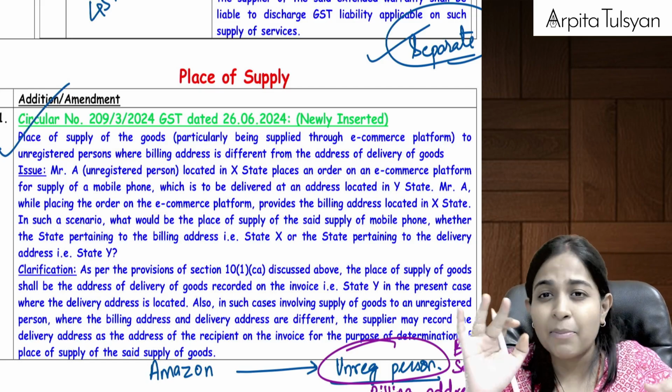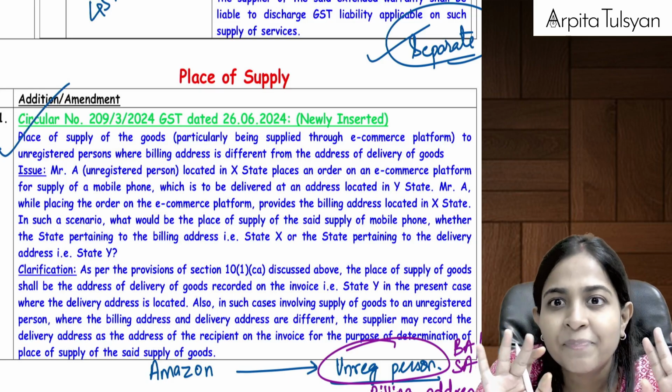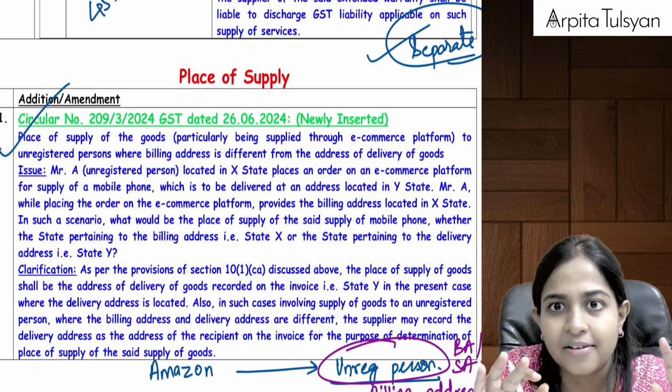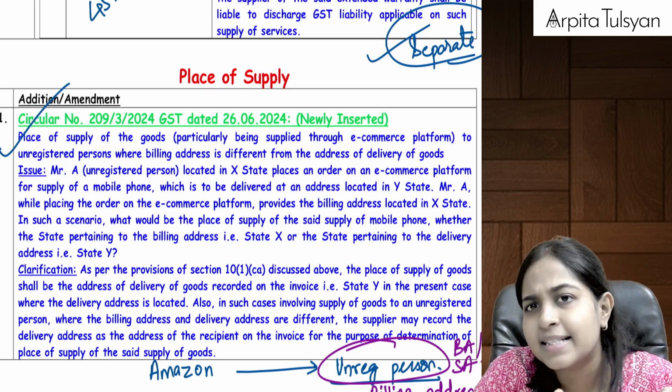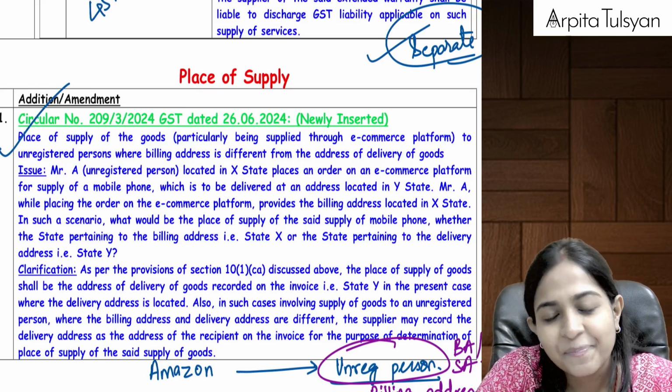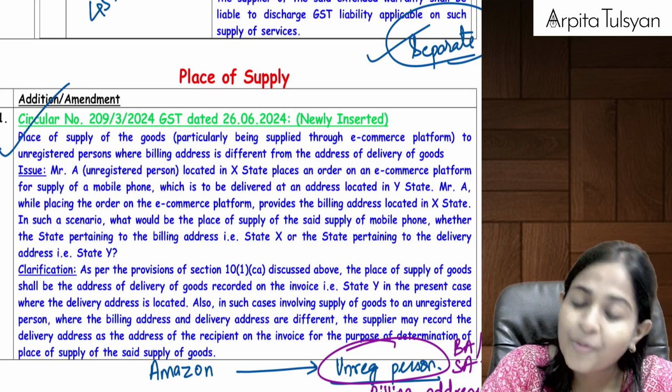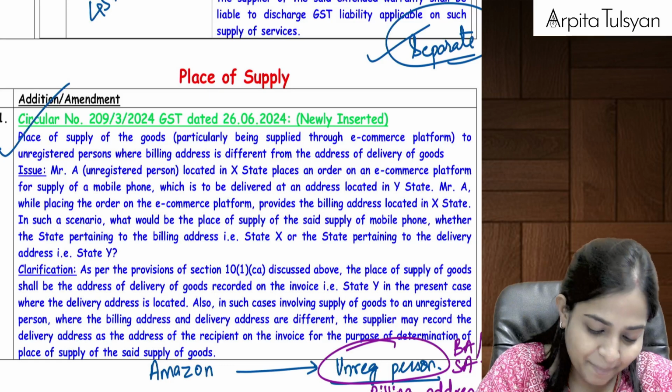When I created my profile, I was settled in Mumbai, but now I want to get some goods in, let's say, Rajasthan. So I put the shipping address as Rajasthan, and Amazon does the delivery. So what will be the place of supply? That is the question here.